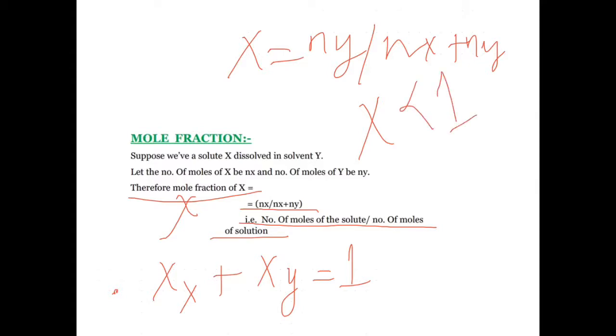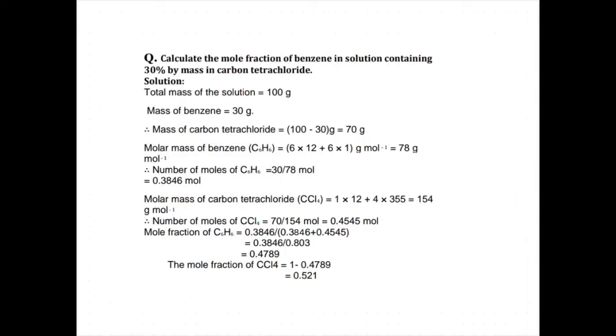Now let's understand more clearly how to calculate the mole fraction with the help of a question. Calculate the mole fraction of benzene in a solution containing 30% by mass of benzene in carbon tetrachloride. Since we have no other information than the 30% concentration, we'll assume that the total mass of the solution is 100 gram.